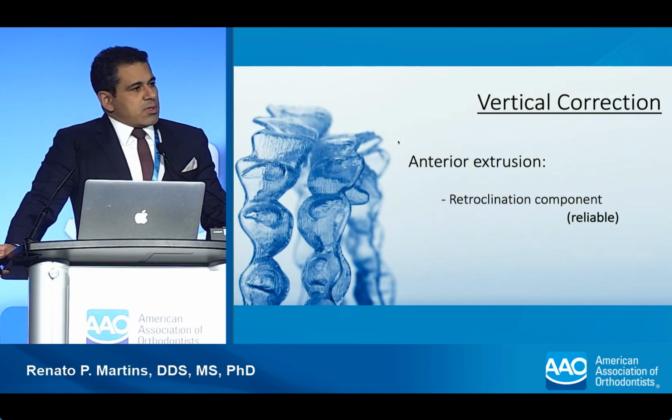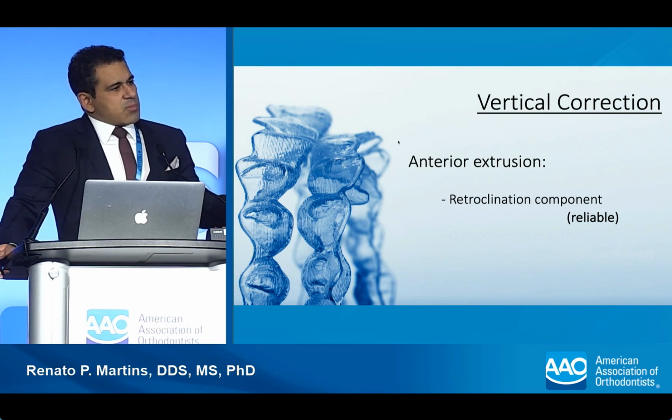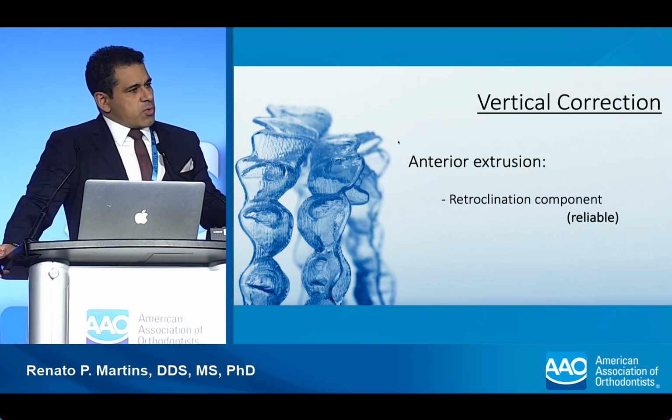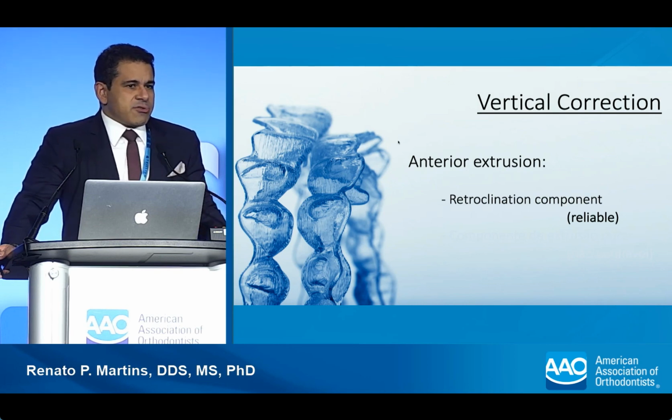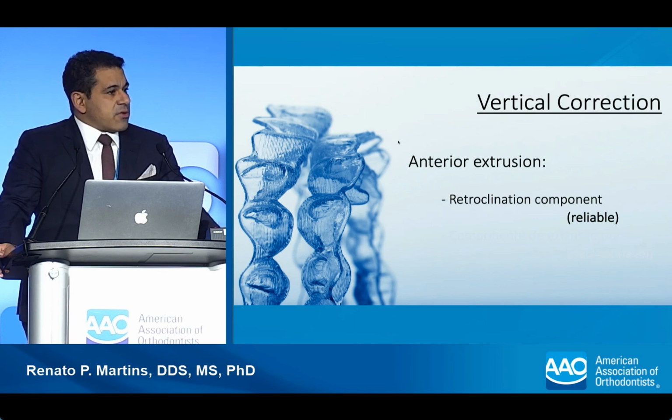So we have a component that comes from retroclination, which can close a bite, which is very reliable. Because if you look at the literature, you're going to see that tipping is one of the movements that are very, very reliable with aligners. So buccal tipping and lingual tipping are very reliable.